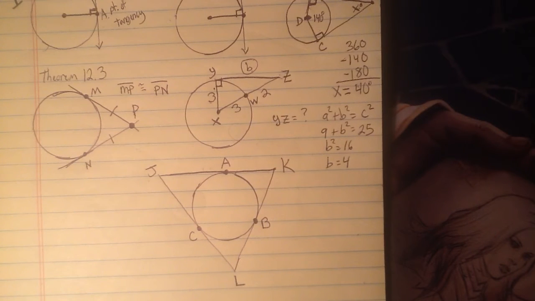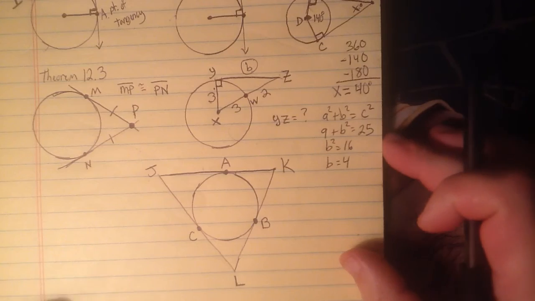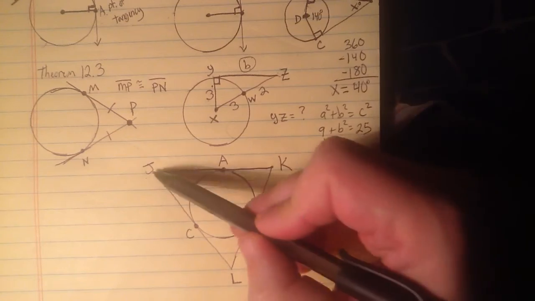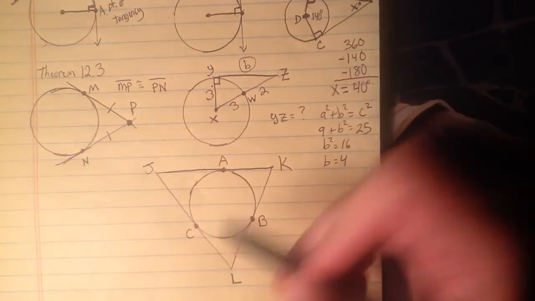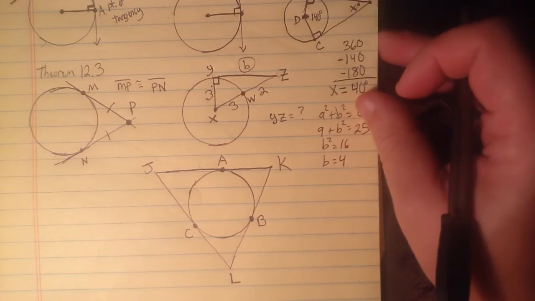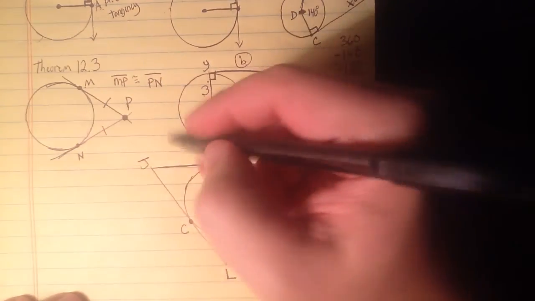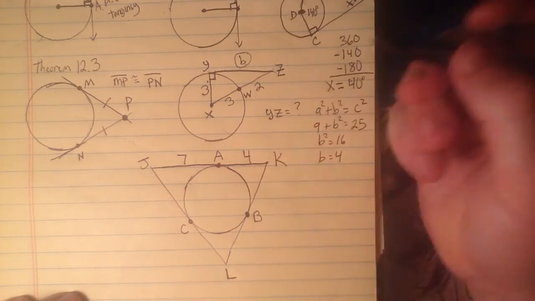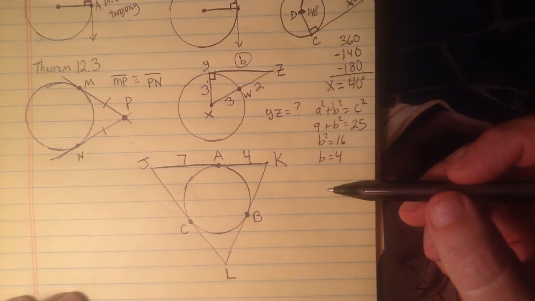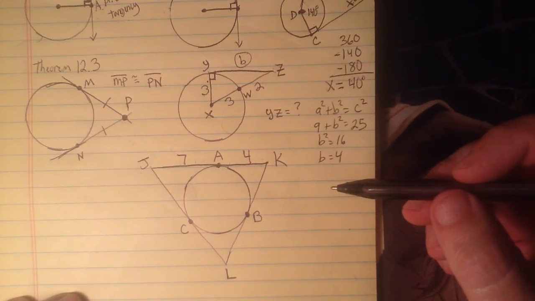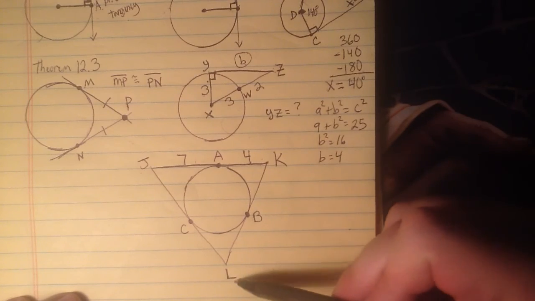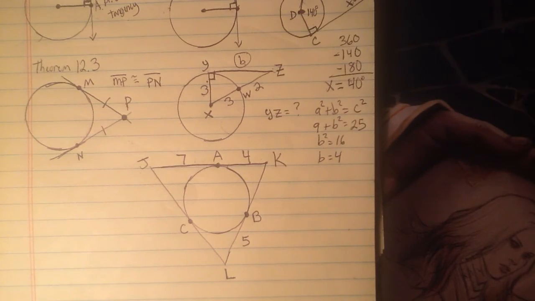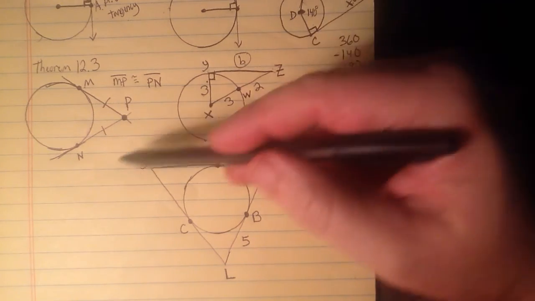So here's the problem. Let's say I want to solve for the perimeter of this triangle, the whole perimeter. We're going to add up all the sides. Well, let's throw some clues in here. If the distance from J to A is 7, the distance from A to K is, let's say, 4, and the distance from L to B is 5. Let's find the perimeter of the whole triangle.